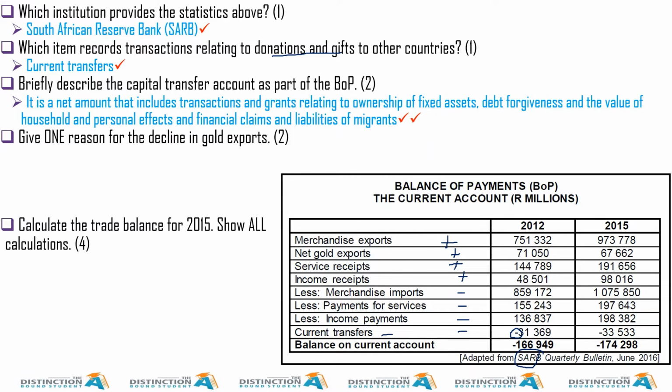It is a net amount that includes transactions and grants relating to ownership of fixed assets, debt forgiveness, and the value of households and personal effects, and financial claims and liabilities of migrants. So it's a net figure. So in terms of calculating, it's something you don't really need to worry about, because you will never be asked to balance it. But you can be asked to balance this particular account, which is called the current account.